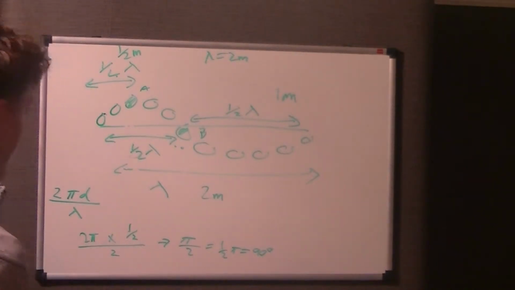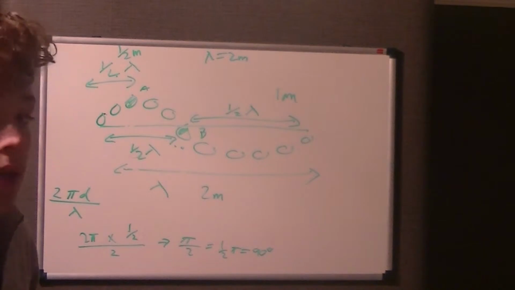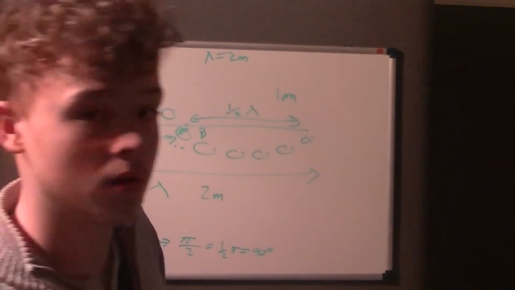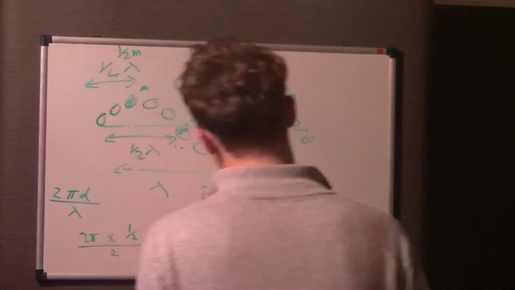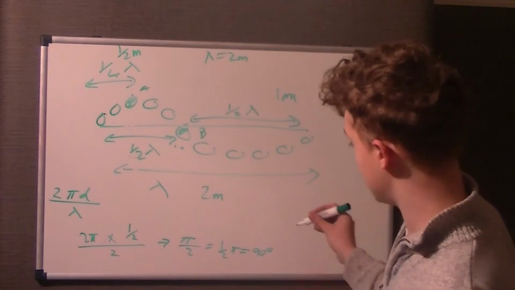Hopefully you've seen how I got that. If you don't understand why it's 90 degrees, send me a link and I'll answer your question, because everyone might have a different view of how they see me do that. And then B, that's half a wavelength.